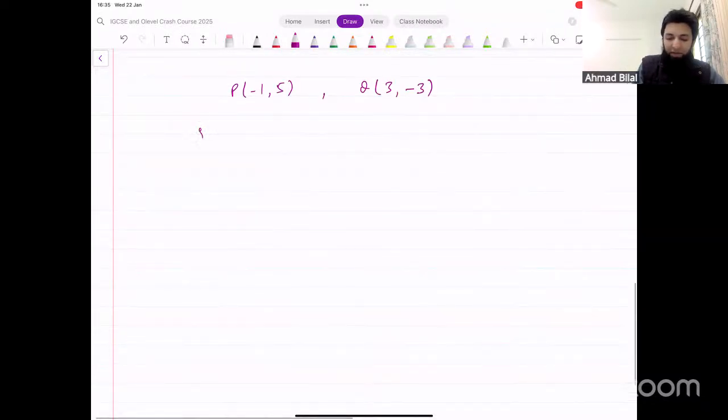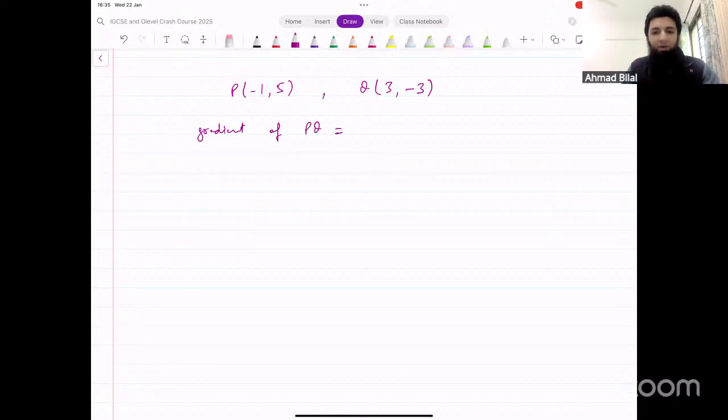Now, what's the gradient of PQ? Let's find that out. We call one of these points x1, y1, and the other one x2, y2.